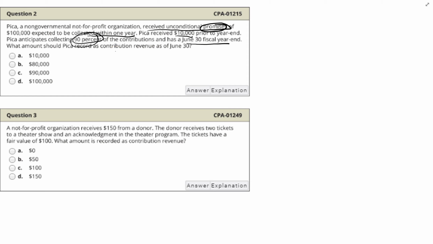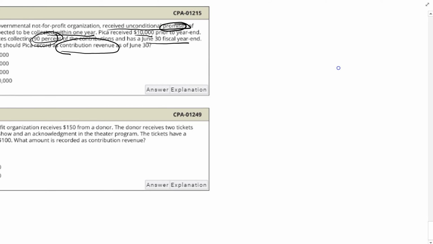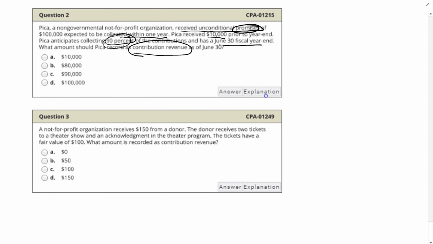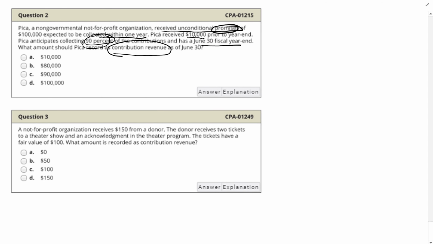That means they will not be able to collect the other 10% of the contribution. So basically we call that amount the allowance for uncollectible pledges, right? If you think of their contribution revenues, the net contribution revenue will be this total promise, total receivables, which is 100,000, and they will be able to collect only 90% of it.